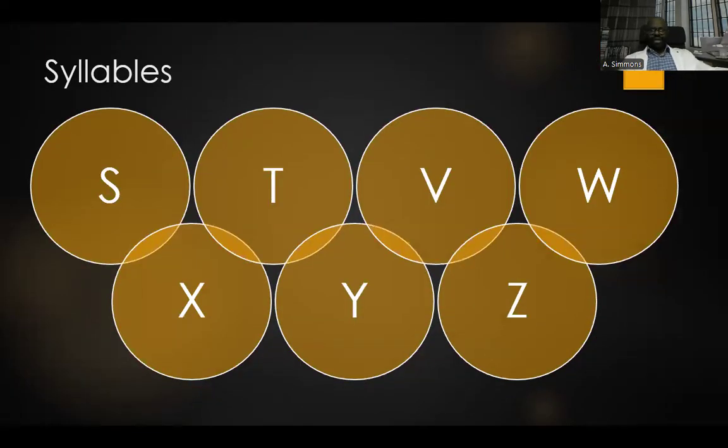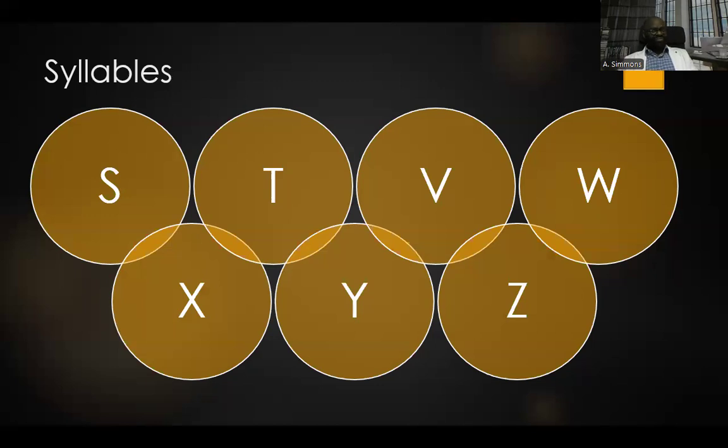Okay, S. Sa, se, si, so, su. This is what you're going to be doing as you're practicing. But you want to make sure you picture these things in your mind as you say them. This is going to help maximize the memory. Ta, te, ti, to, tu. Va, ve, vi, vo, vu. The V is a mixture of the B. Put the B and the V together and then say the sound.